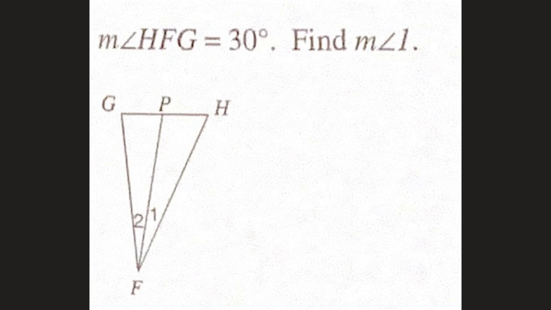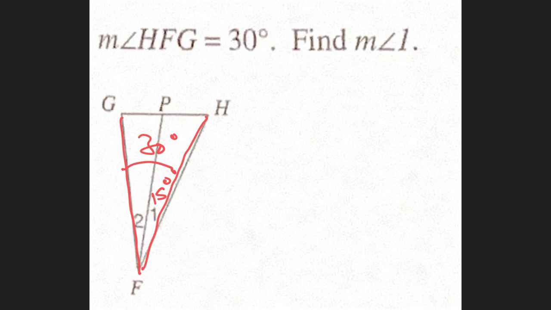Measure of angle HFG. So again, HFG, we're talking about the large angle here. So this entire angle they're telling us is 30 degrees. And if they want to know the measure of angle 1, if we bisect the 30-degree angle, measure of angle 1 should be 15. Measure of angle 2 should also be 15. Okay?